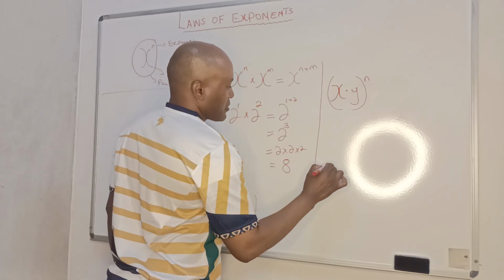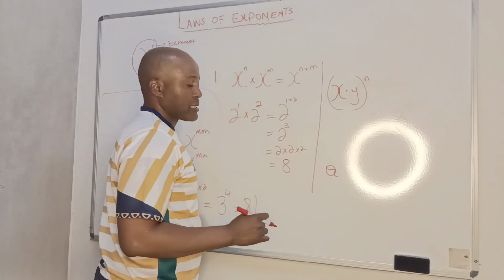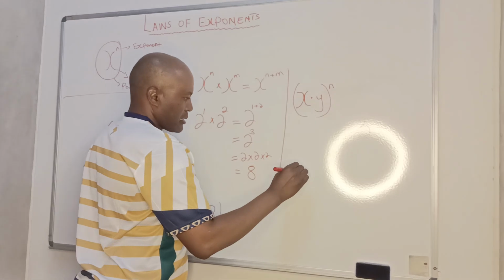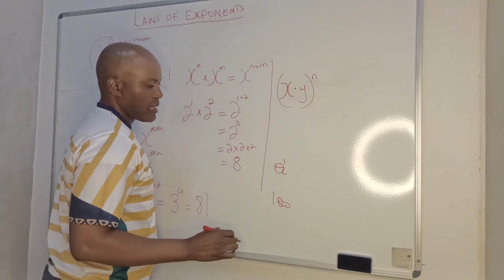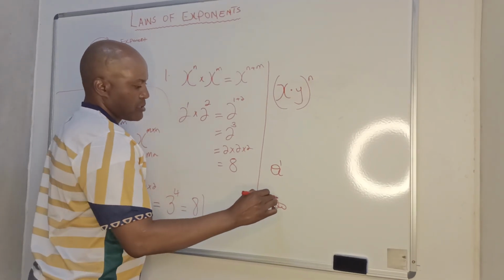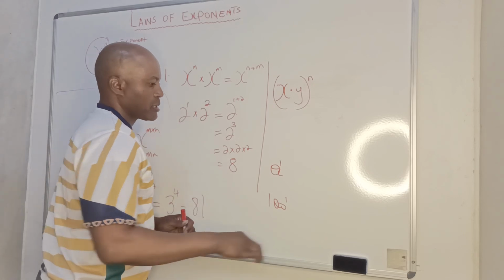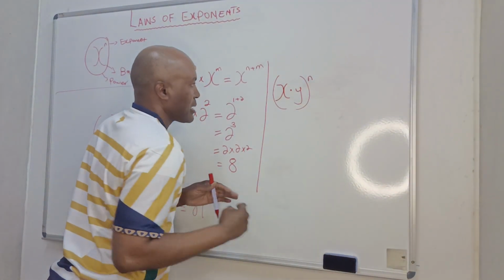For example, if we've got a, just a given value like that, you must know that it is raised to 1, even if it's 100, unless otherwise stated, it is raised to 1. So the same applies here.